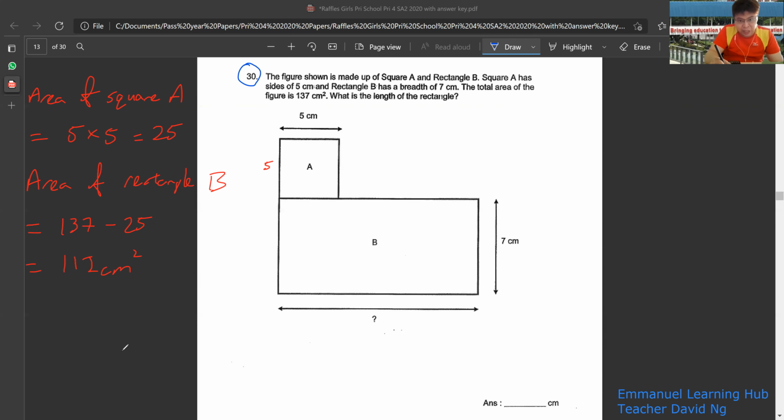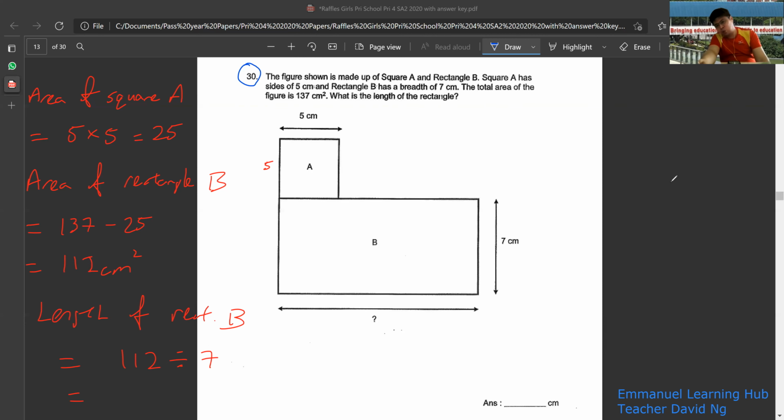What is the breadth of rectangle B? 7. Can you tell me how to find the length of rectangle B? 112 divided by 7. Very good.